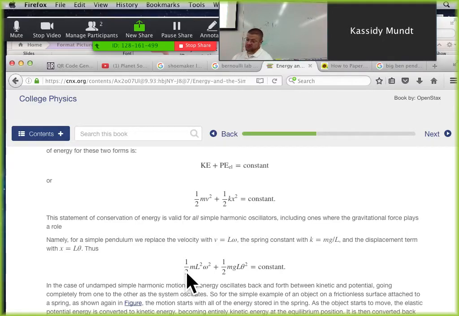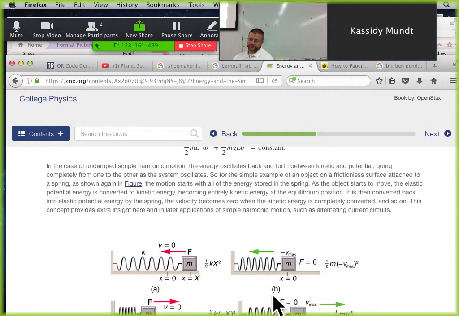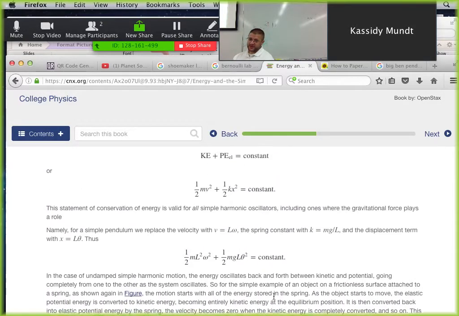Pendulums move on a circle, right? Then it's 1/2 times the mass times the length squared times omega squared, where omega is the angular velocity, and that is your kinetic energy. And then your potential energy is 1/2 mgl times theta squared, where theta is the angle away from the equilibrium angle.